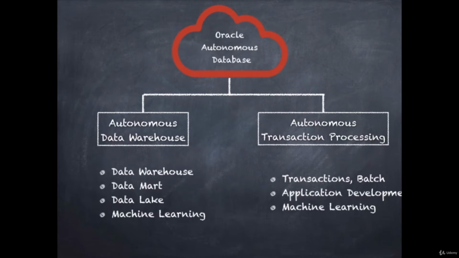But it has the ability to run mixed workloads in a single database, so it eliminates the need to move data from an ATP into a separate reporting or analytics system. This capability reduces application complexity, and it also eliminates the wait time that's usually associated with the movement of data. ATP also supports IoT and machine learning in addition to standard OLTP.